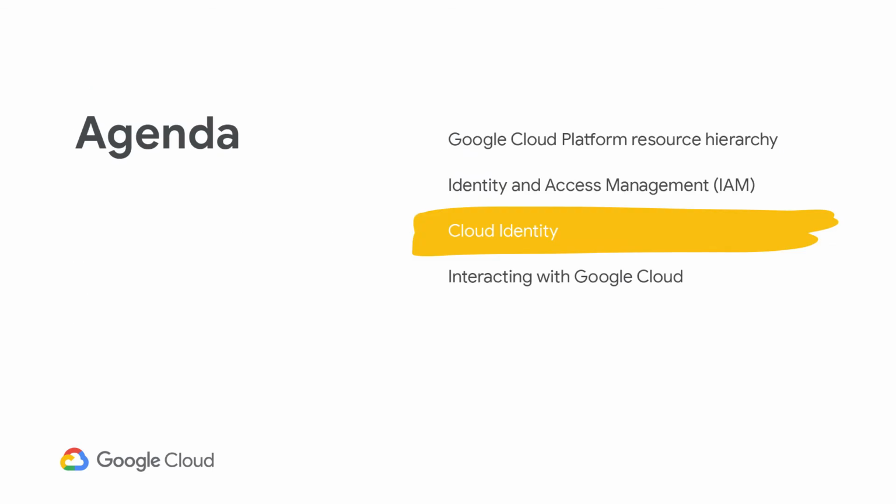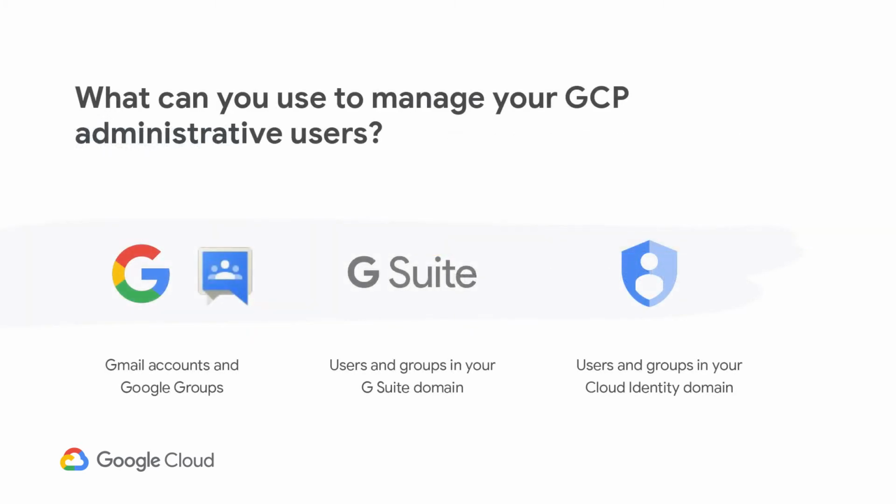Now, to the third part of our agenda today, which is Cloud Identity. Many Google Cloud customers get started by opening Google Cloud Console with their own Gmail account. But to be able to collaborate with your teammates in a more performant way, maybe you can use Google Groups and eventually use G Suite.